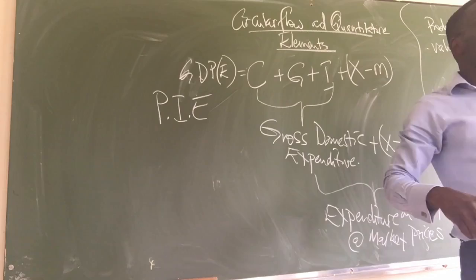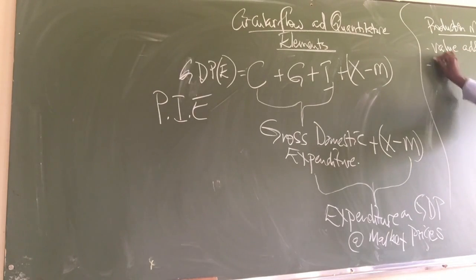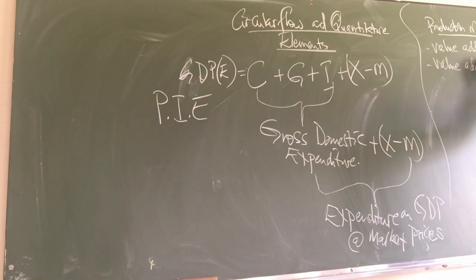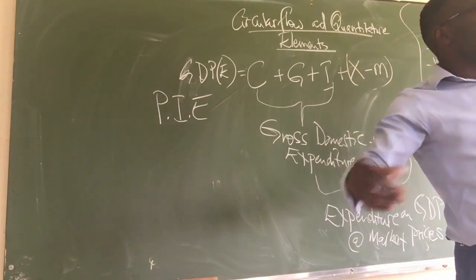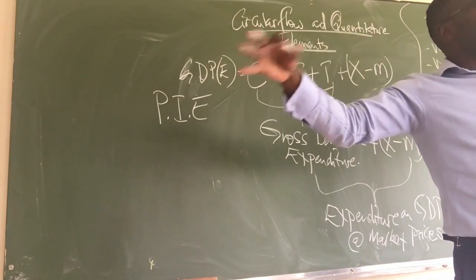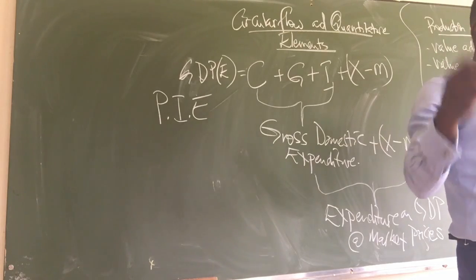Do you understand? Right, so all those, the value that was added to their output. Then we add the value added by the secondary sector. Which industries form the secondary sector? Factories, manufacturing, those that are into processing, but in principle we are talking about manufacturing.